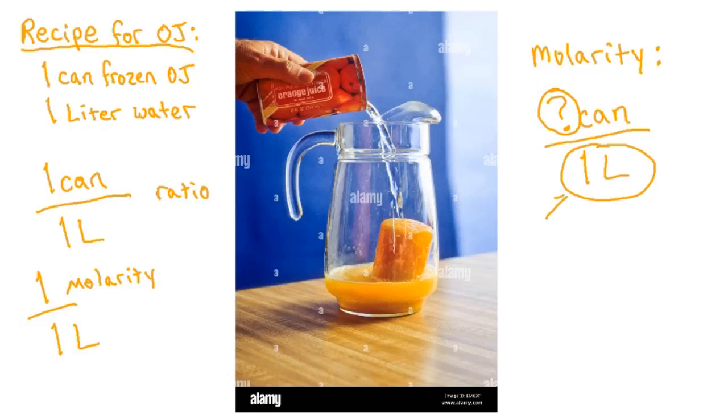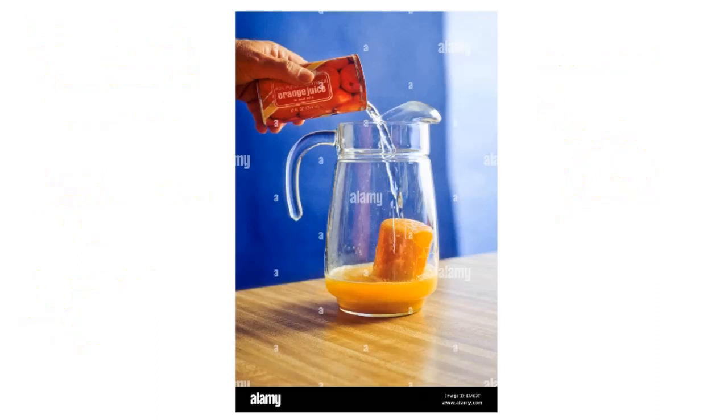The point is that molarity is always talking about however much of something you put into 1 liter of water. So in this case, we're going to put 1 can of frozen orange juice concentrate into 1 liter of water.